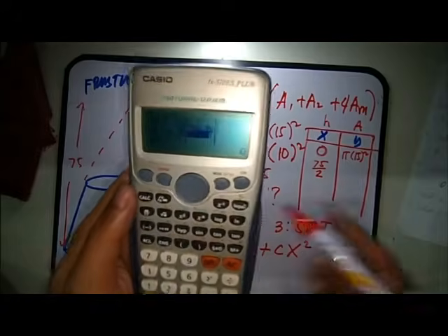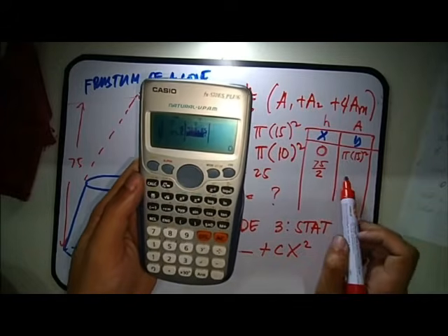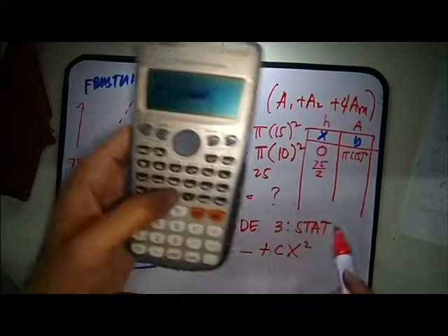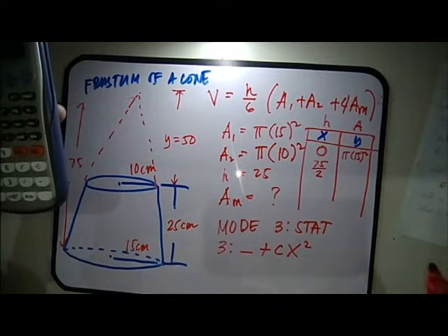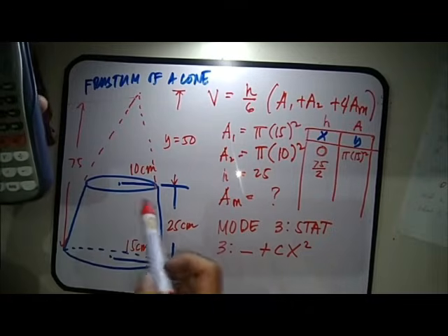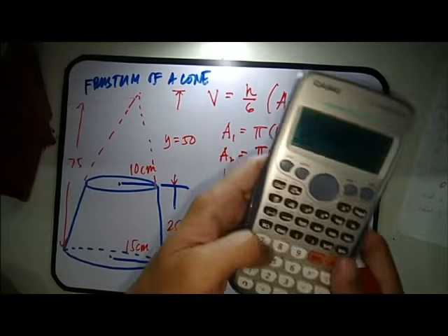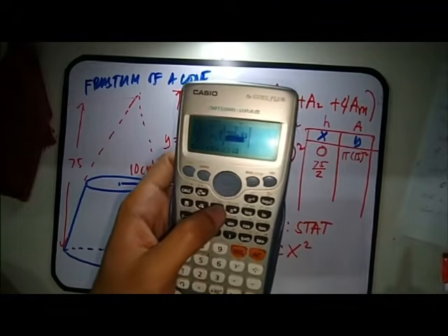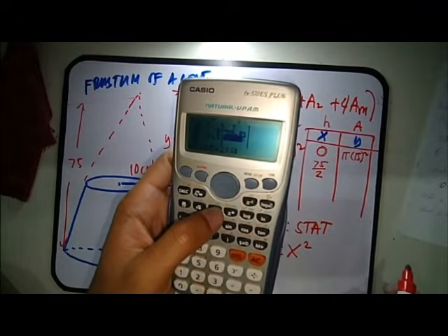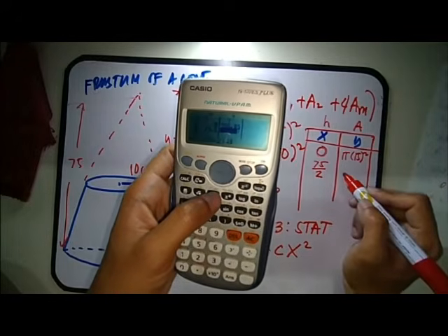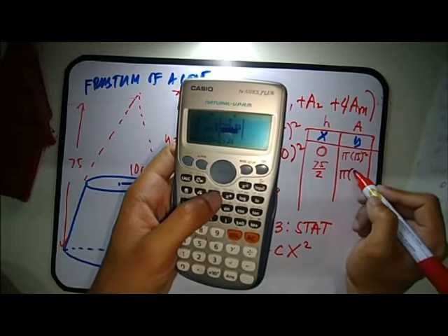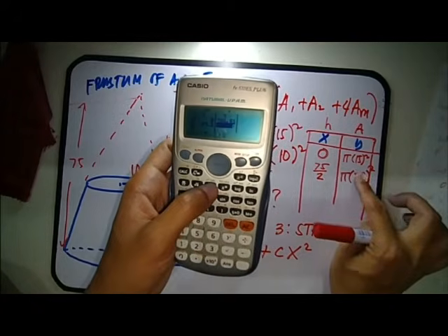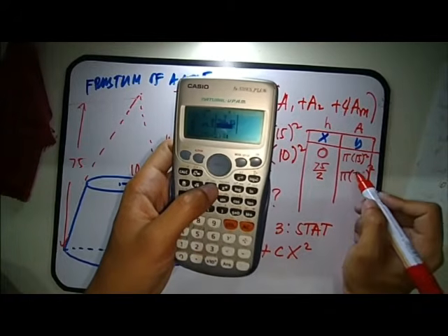So at that height, yung area natin is pi times yung radius niya at 1 half ng height is, by ratio and proportion kanina, 1 half lang din yon ng 15. So that is 15 divided by 2 squared. So 15 divided by 2, that is 7.5. So that is equal to pi times 7.5 squared. Di ba? That is just equal to 7.5 squared.